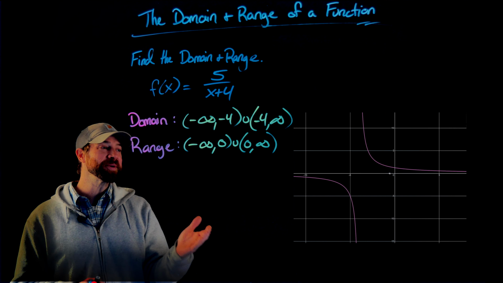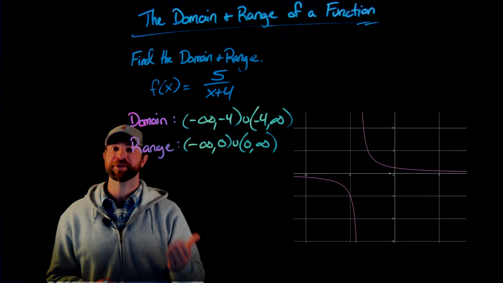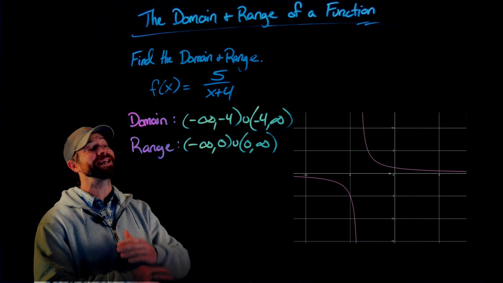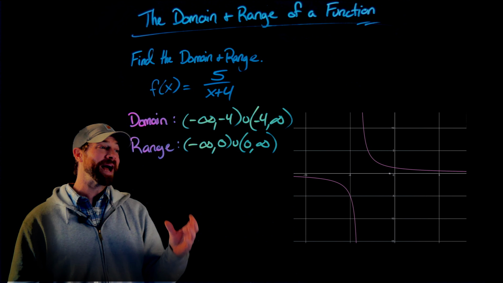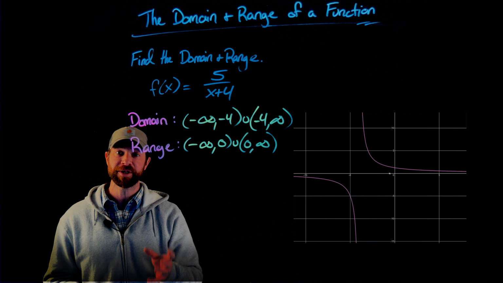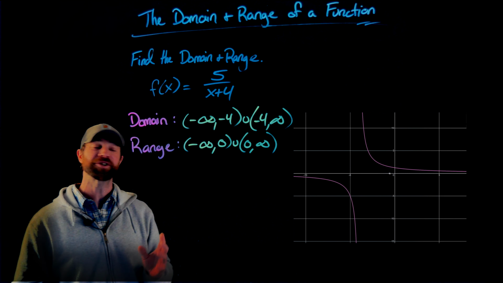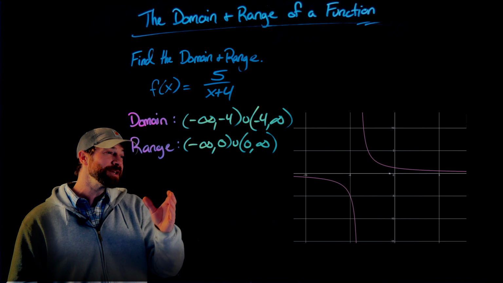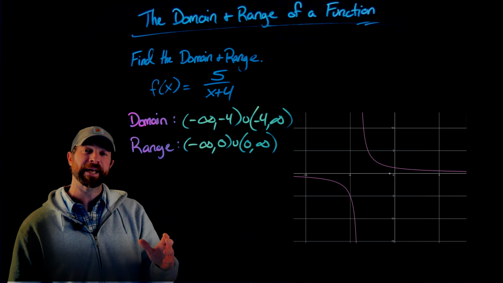All right, now here we have the graphical representation of this rational function, which, by the way, I think is pretty dang rad. Rational functions are really fun, interesting functions, and they have these restrictions on the domain and often on the range also. You'll notice something weird happening here at x equals -4.